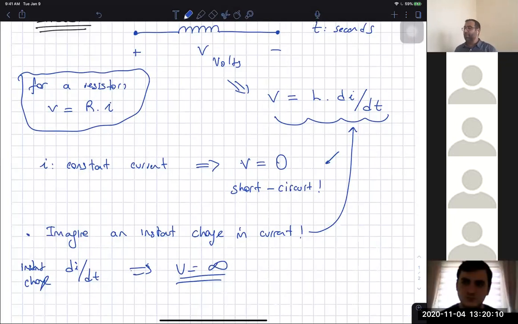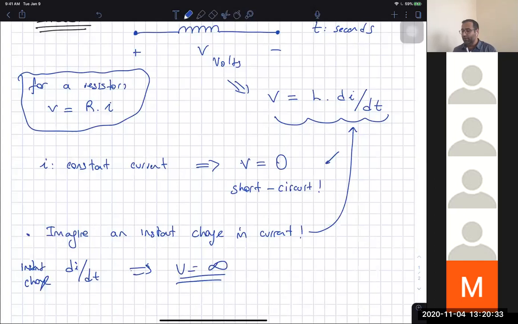You cannot change the current from 2 amperes to 4 amperes instantaneously. So there should be a tiny bit of time, where this derivative will be a non-infinite, finite number. But of course, that number will be very huge.